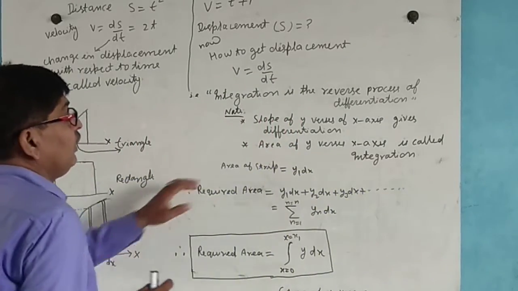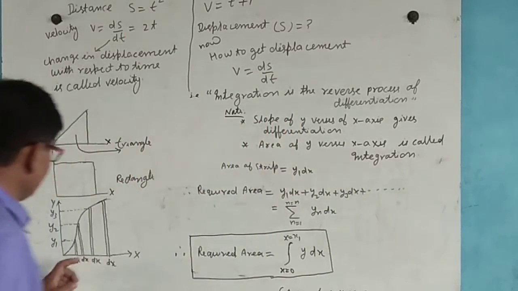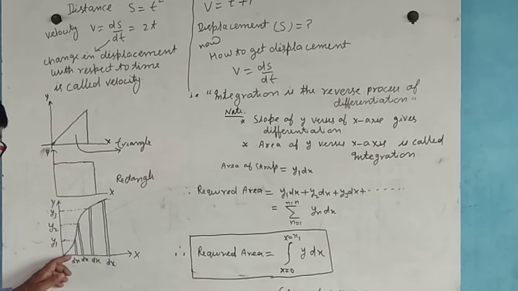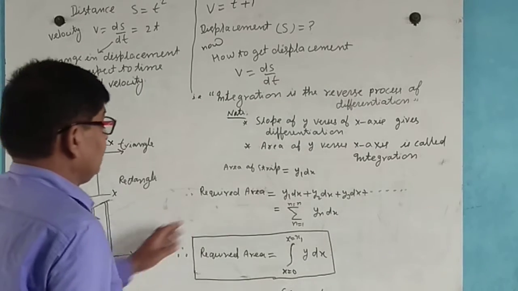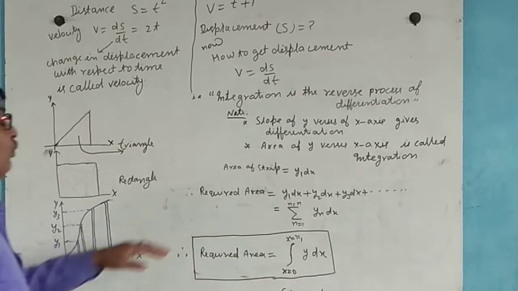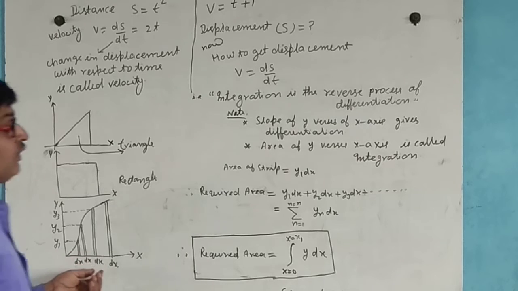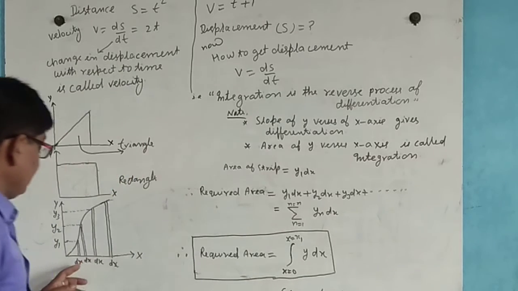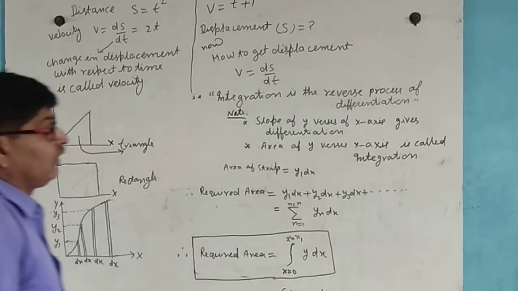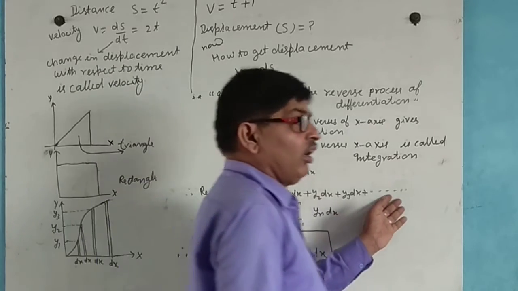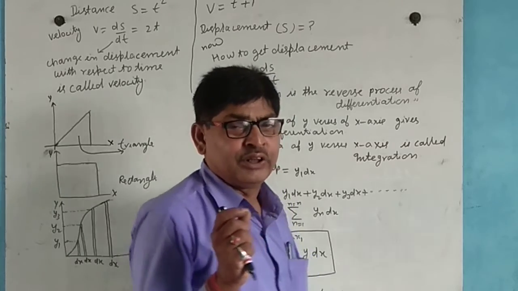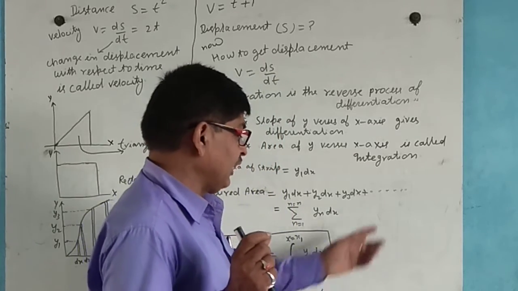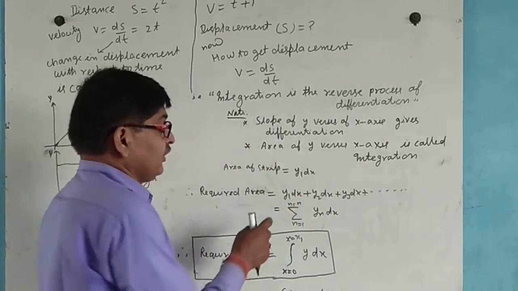Now here the area of the first strip is equal to y1 dx, and the required area is y1 dx, y2 dx, y3 dx and so on, all the area converted into small strips and summed.